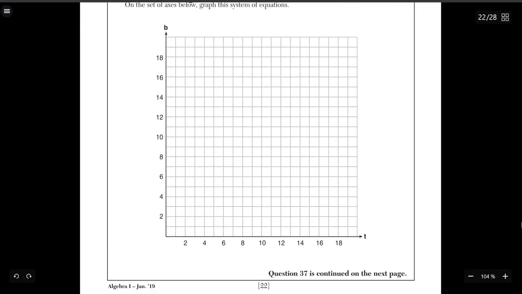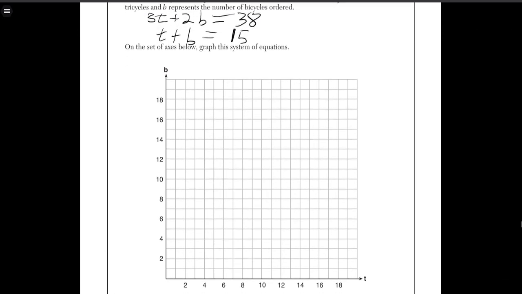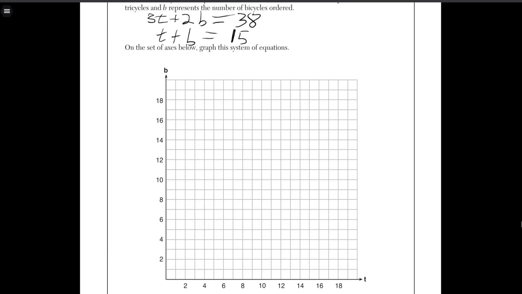Now they're asking us to create a system of equations. One way you could do this is plugging in points. You do one line at a time, right? When t is 0, b is going to have to be 15. When t is 1, there's going to have to be 14, right?